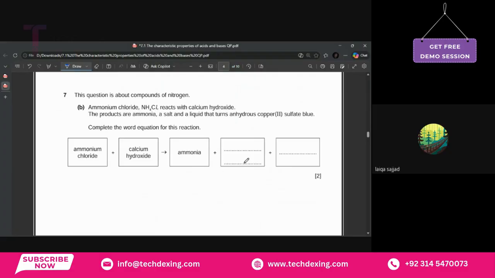And a liquid that turns anhydrous copper sulfate blue. The liquid is obviously water. When we add water to anhydrous copper sulfate, it will turn into hydrated copper sulfate, which is blue. So it will give you ammonia plus calcium chloride and water.